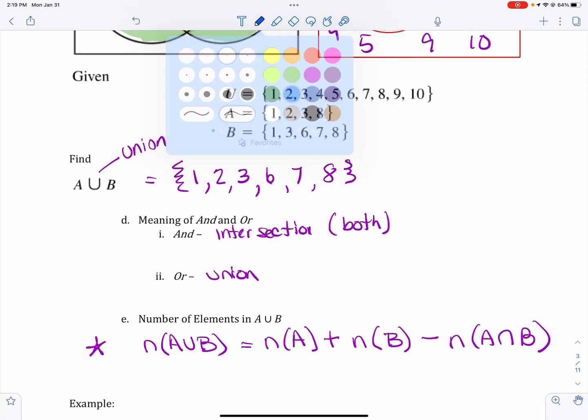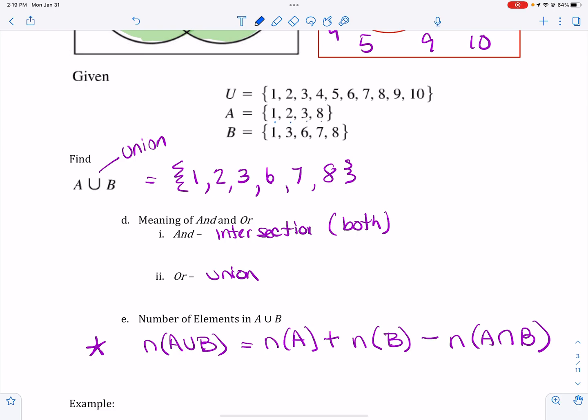So if I look, the number of elements in A is 1, 2, 3, 4. The number of elements in B is 1, 2, 3, 4, 5. The number of elements in the intersection is 3. Okay, number of elements in the intersection is 3.